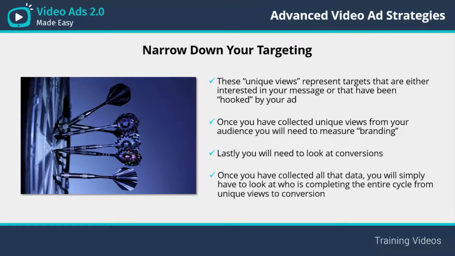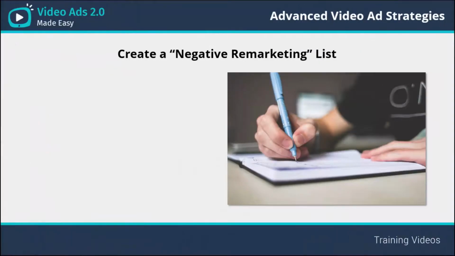Once you have collected all that data, you will simply have to look at who is completing the entire cycle from unique views to conversion, and then narrow down your campaign targeting based on demographics, interests, topics, and keywords from your audience data collection.